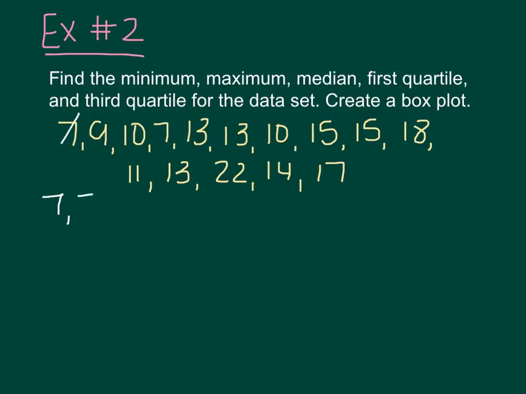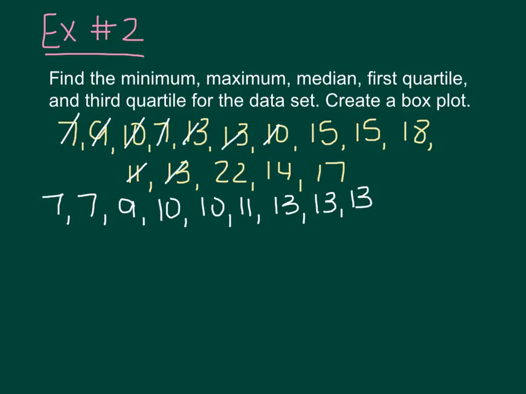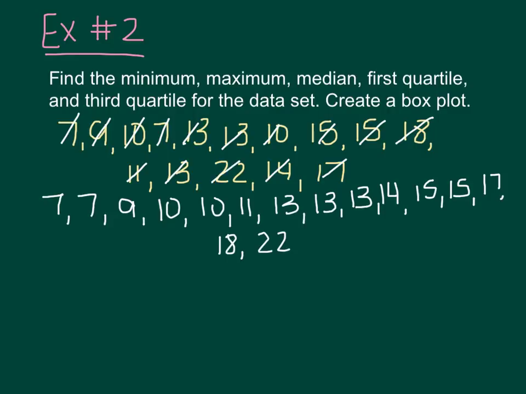So I see 2 7s, 9, 2 10s, 11, 13, I see 3 of those, 14, 2 15s, 17, 18, and 22. Now I've got them in order from least to greatest.